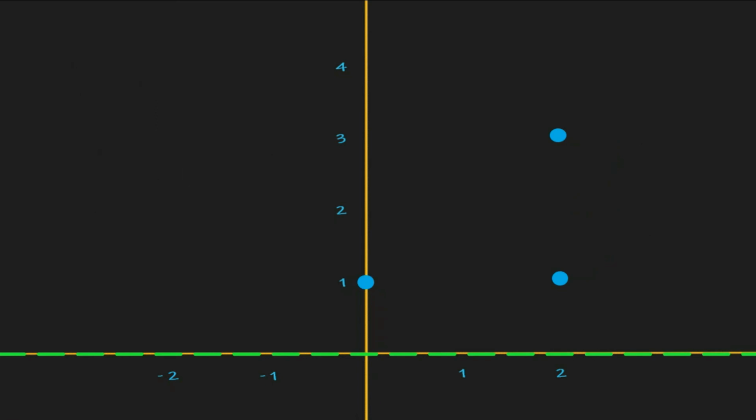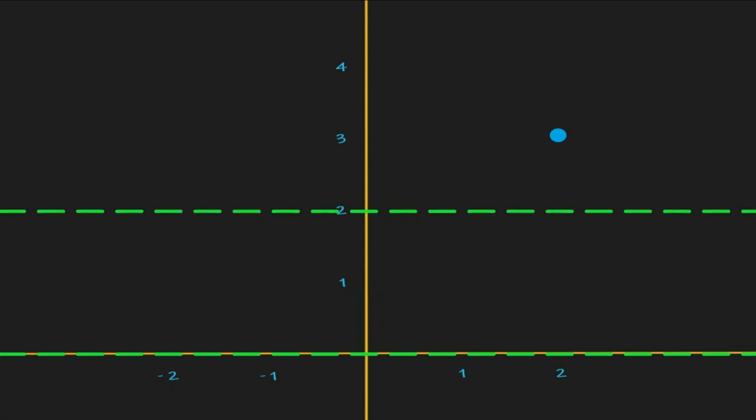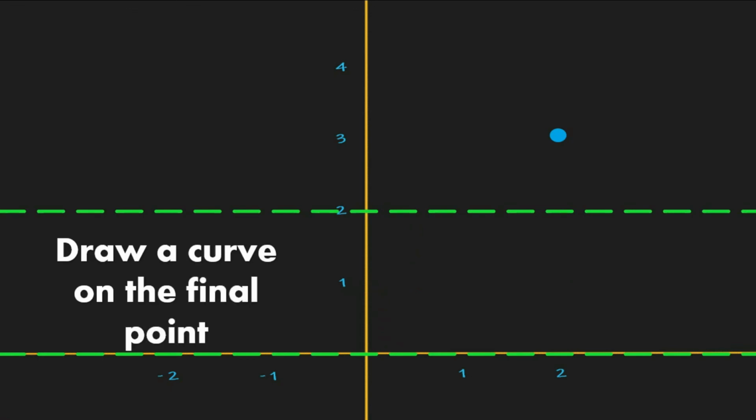Siyempre, dahil nagkaroon ng vertical, gagalaw din yung asymptote. Kung ilan yung vertical mo, yun din yung bilang nung sa asymptote. So, we have 1, 2. So, drawing yung asymptote dito, bago. Pag nagawa mo na lahat ng translation, pwede ka na ngayon mag-draw ng curve doon sa ating final point.